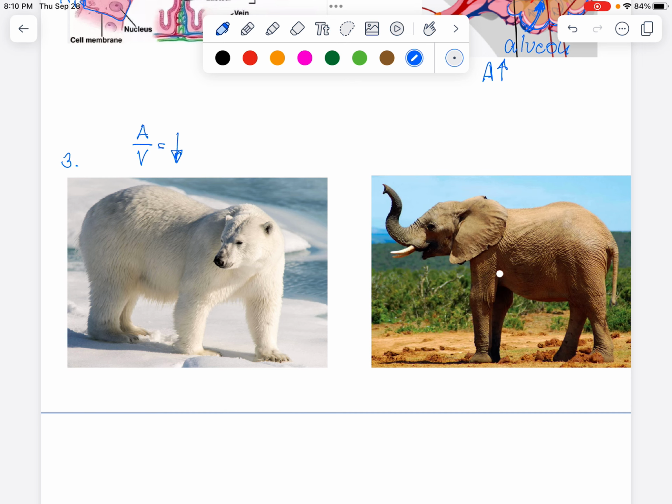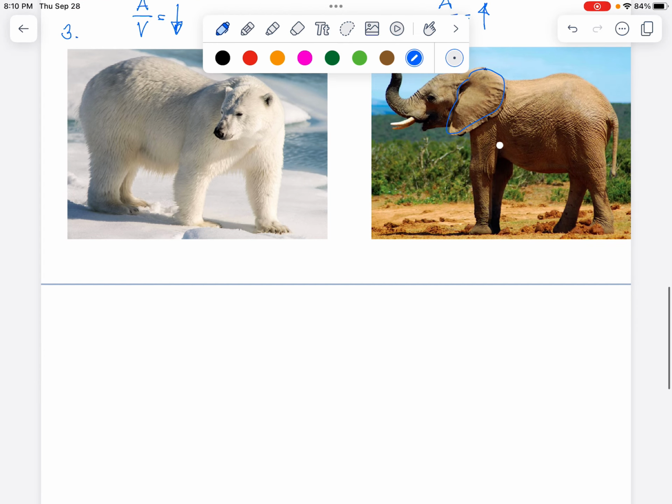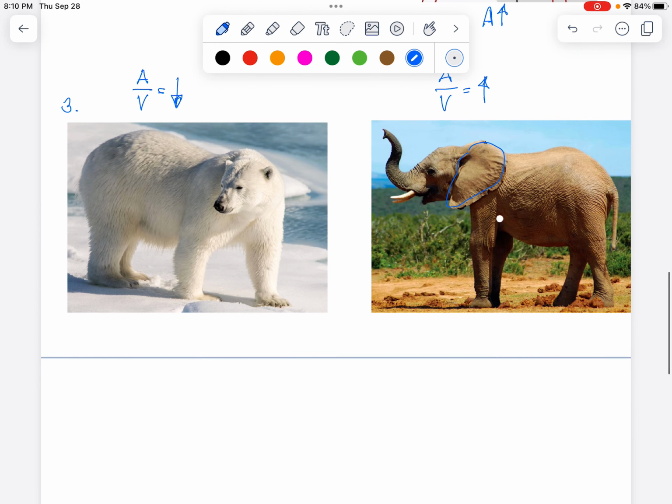On the other hand, animals in tropical areas increase their surface area with, for example, their ears, in order to dissipate, eliminate the heat that their body accumulates in that temperature zone.